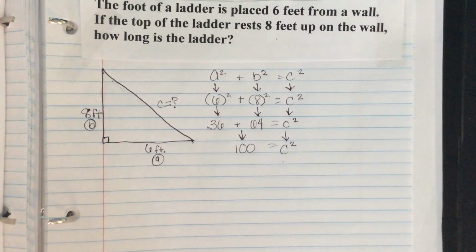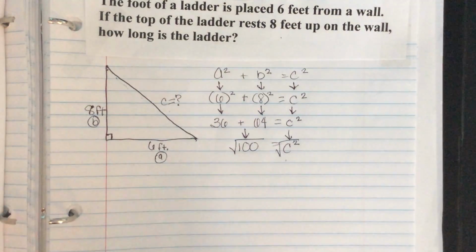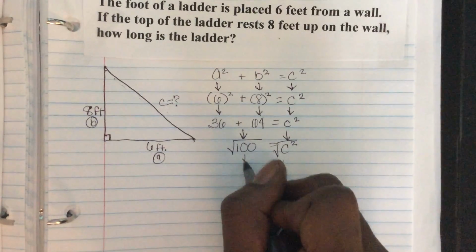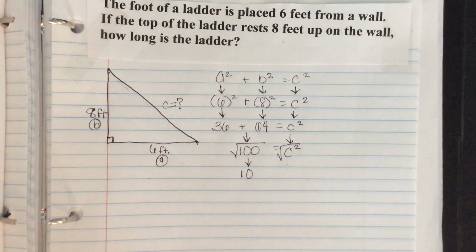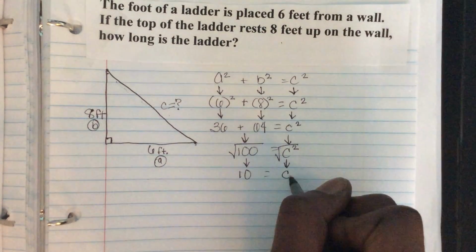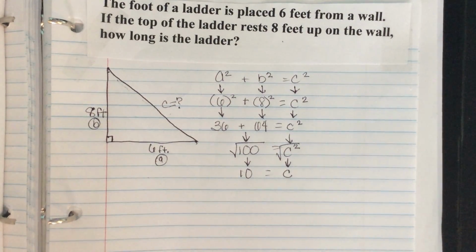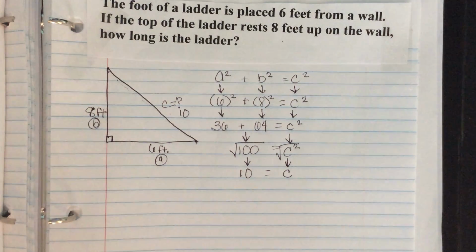So in order to find 1, I take the square root of both sides. I know that the square root of 100 is 10, and the square root of C squared is C, which means that for this particular problem, the length of C will equal 10. That's how long my ladder would be.